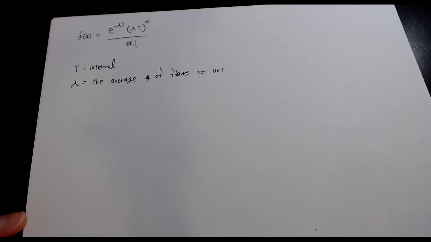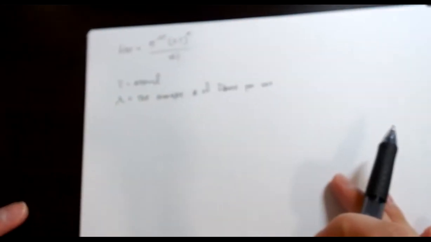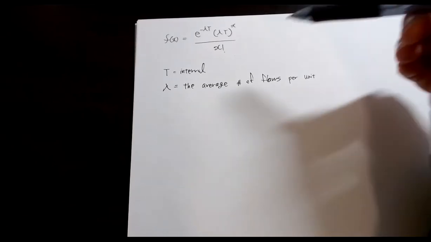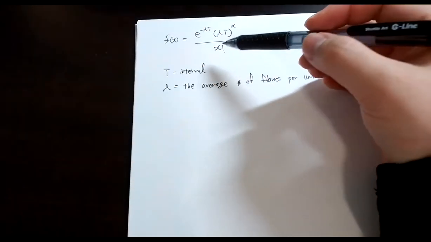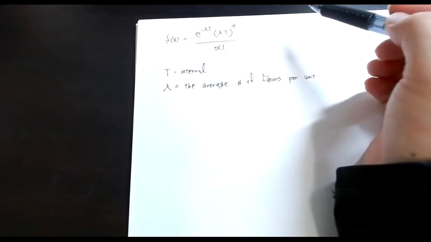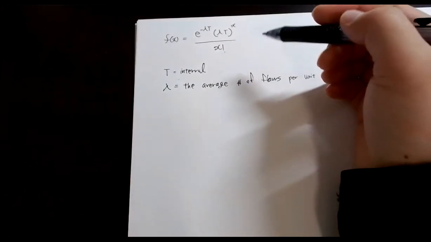All right, so the PMF of a Poisson distribution is this. f of x is equal to e to the negative lambda t times lambda t to the x power over x factorial. So t is the time, or just the length.